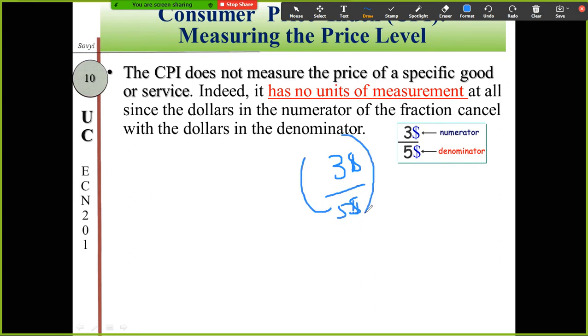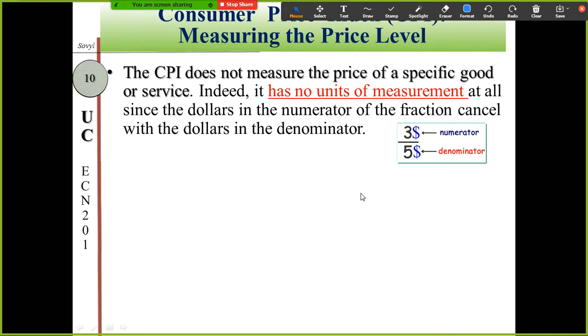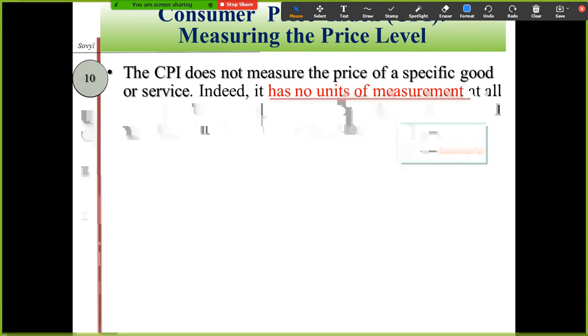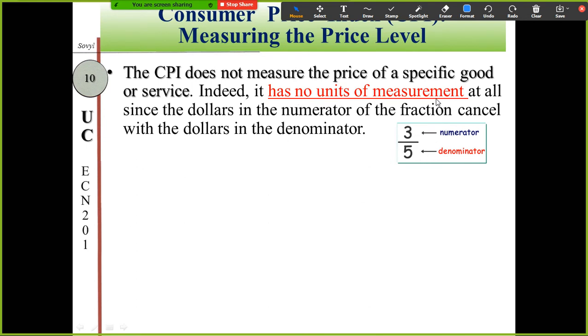This is what we call the numerator, and this is the denominator. So this is $3, this is $5. That's why we can cancel the dollars, and finally we have only the number. That's why CPI has no units of measurement.